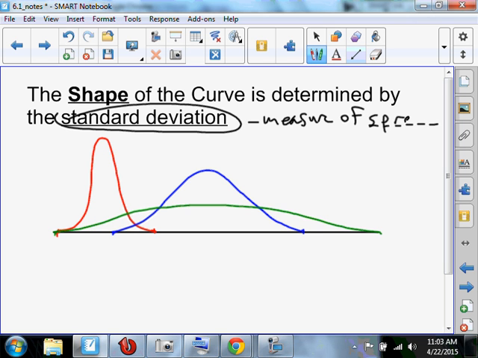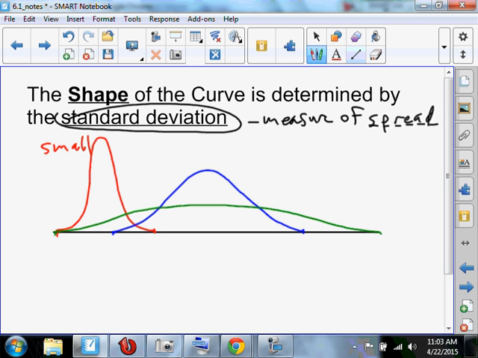So let's think about this. In the event of this red graph here, is the data spread apart very far? No. So in the case of the red one, we would expect that to have a small standard deviation. Now let's use the variable. What variable goes with standard deviation? Sigma.